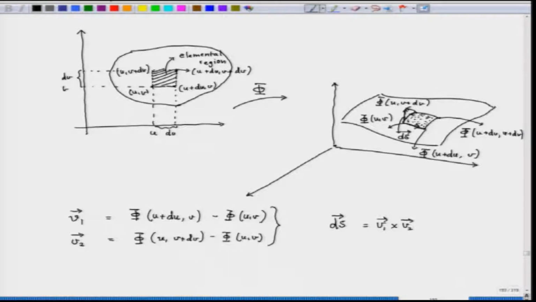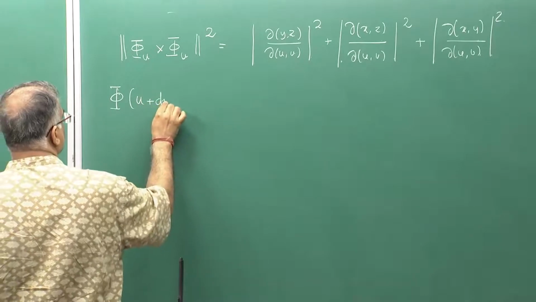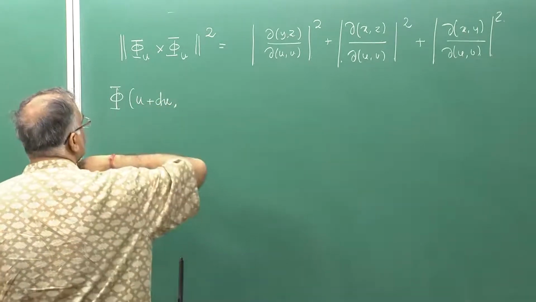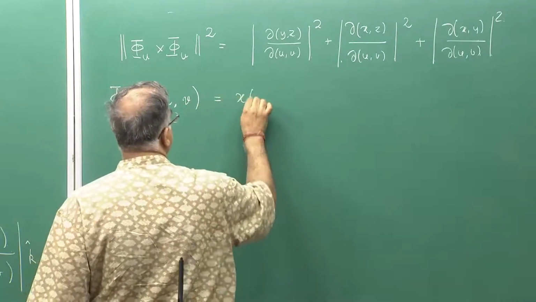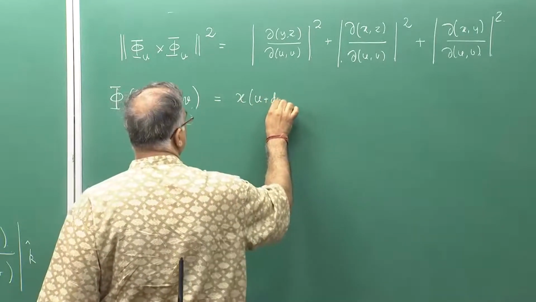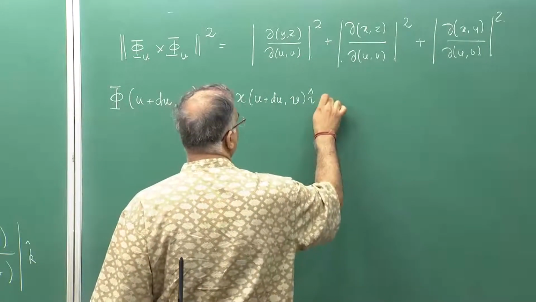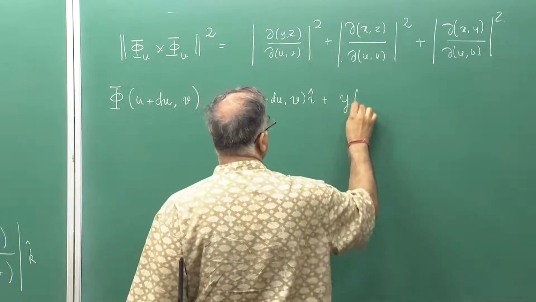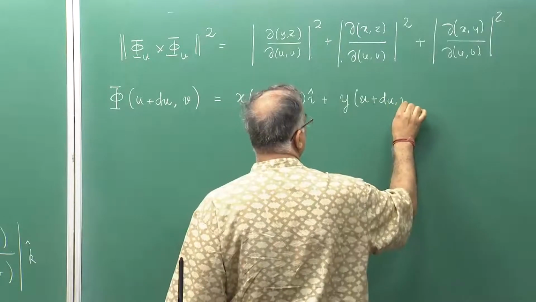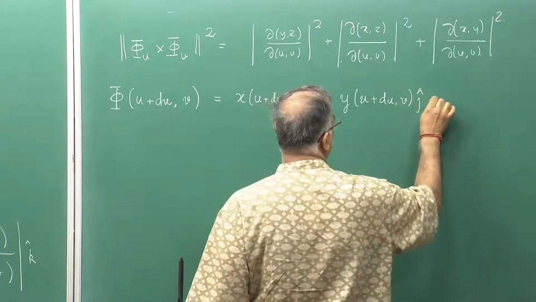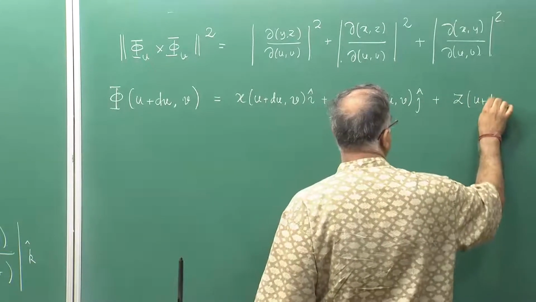So, if you look at the phi of u plus du, that is x of u plus du, j vector plus z of u plus du.